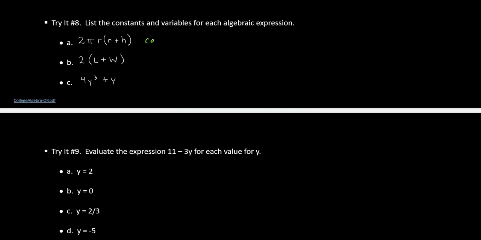The constants here, values that are kind of predetermined, they don't vary, are 2 and pi, because pi is a specific value, 3.14, and then it keeps going on, but it's just a specific value. And then the variables are r and h.